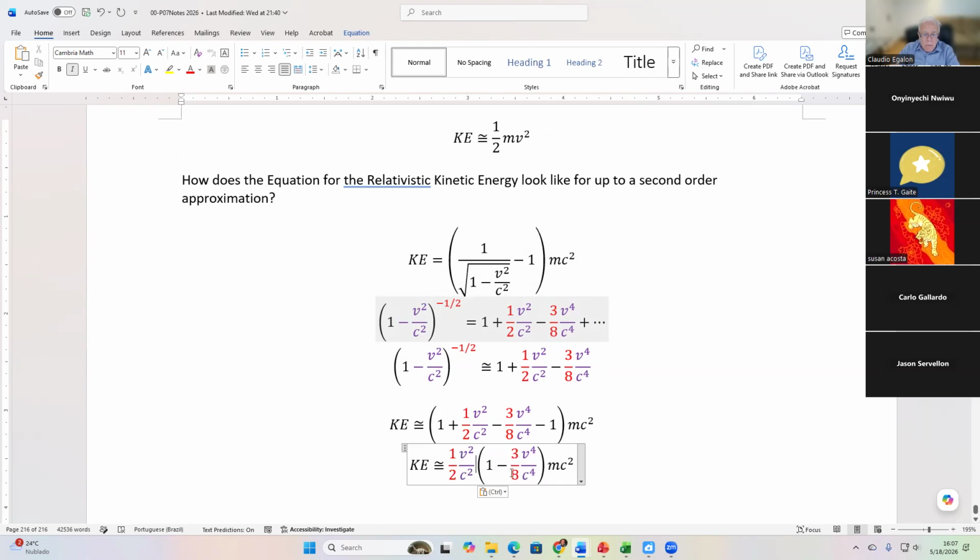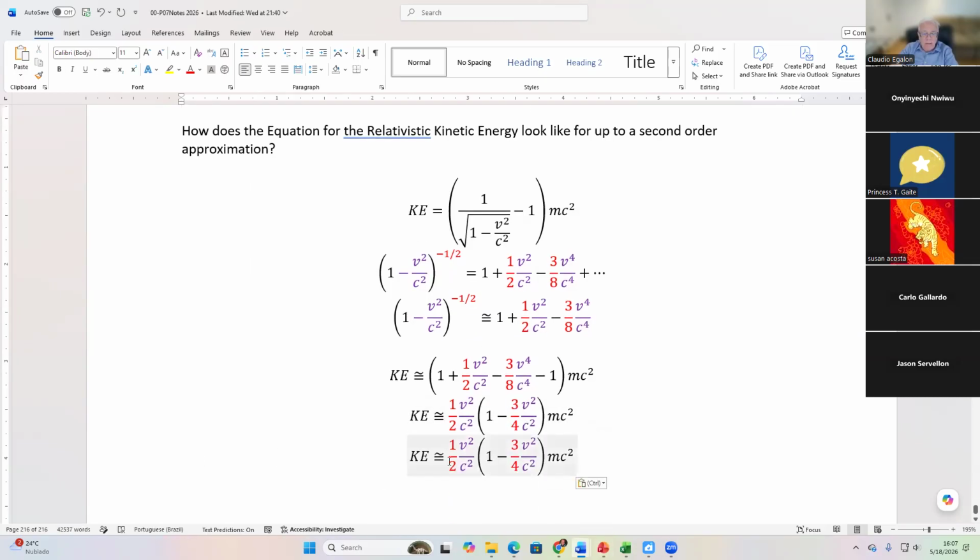And when I put the half in evidence, 8 becomes 4. V to the fourth power over C to the fourth power becomes V squared over C squared. Okay, like that. And the C squared still can cancel out. Like that.